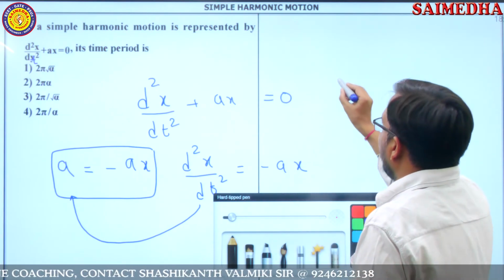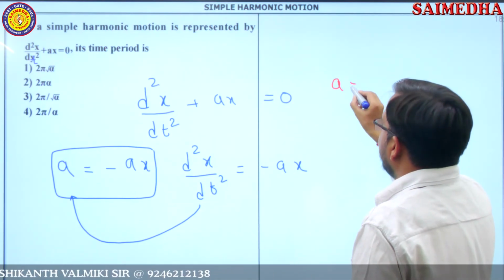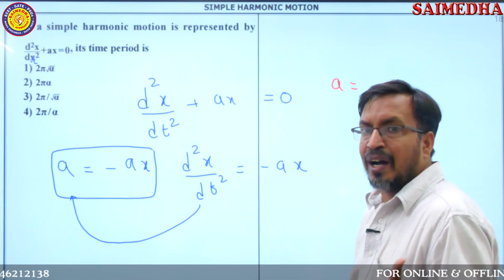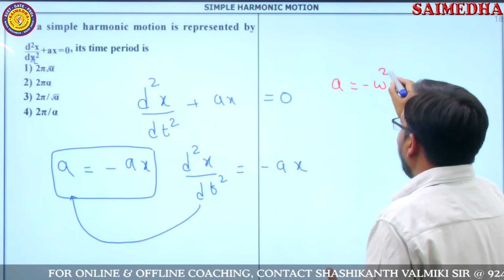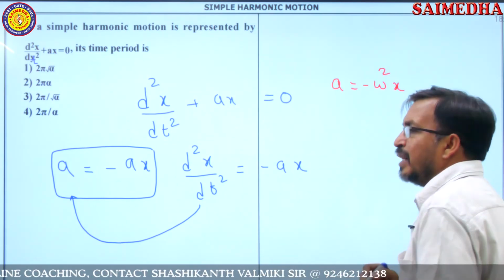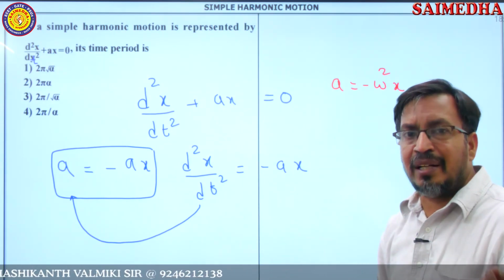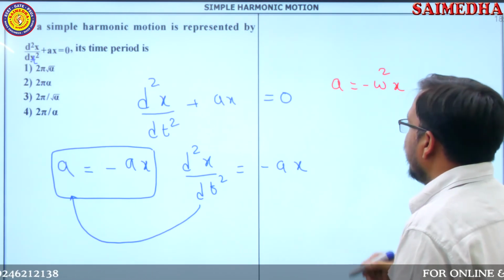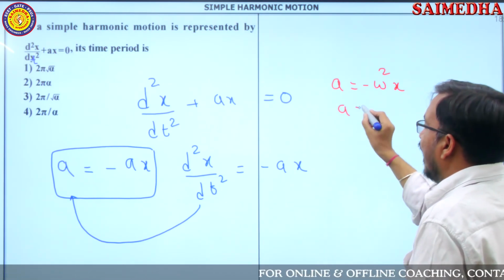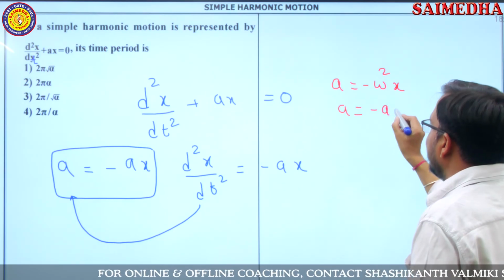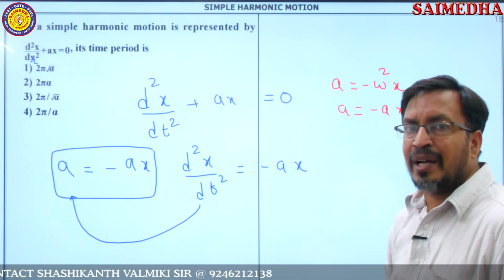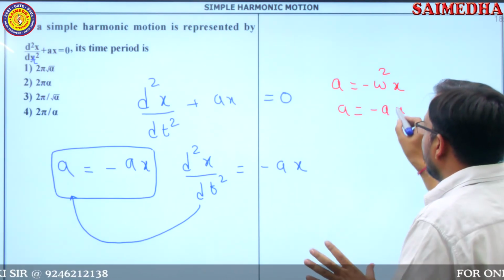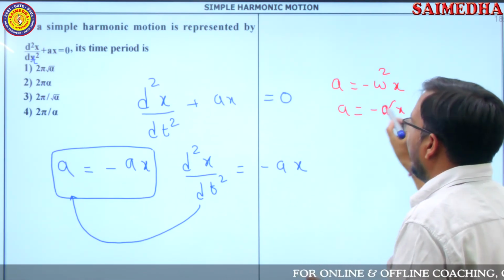Then we know the acceleration equation we already studied, that is minus omega square x. This is the acceleration equation in terms of displacement. Now, compare these two equations: acceleration equals minus a x, and acceleration equals minus omega square x. Do not get confused, I am changing this A into alpha.